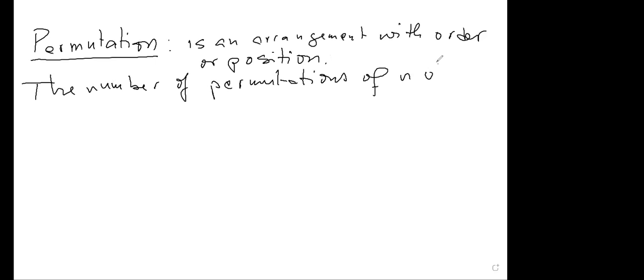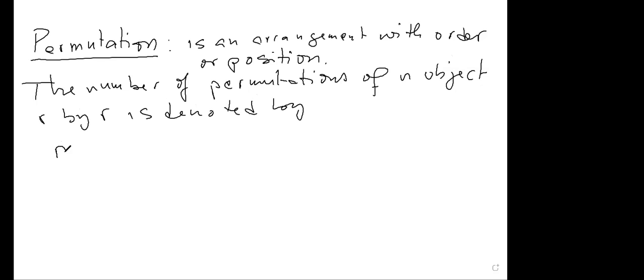of n objects taken r at a time is denoted by n permutation r, nPr. Some people write it as P(n,r), depending on how you are typing. Sometimes it's more difficult to type nPr than to type P(n,r).